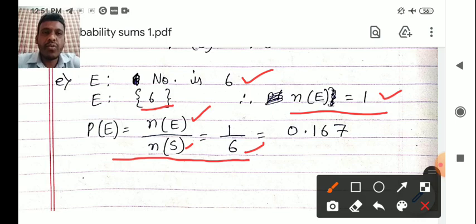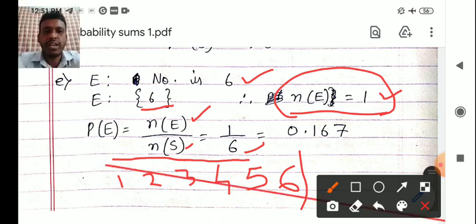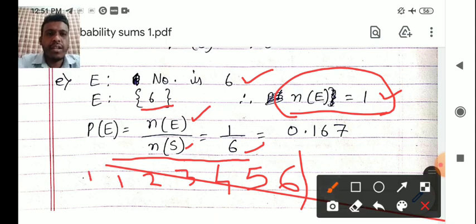Now if you have not understood why n of E is equal to 1, see here, what was the sample space? 1 2 3 4 5 6. So out of these 6 numbers, how many items are there which are equal to 6?